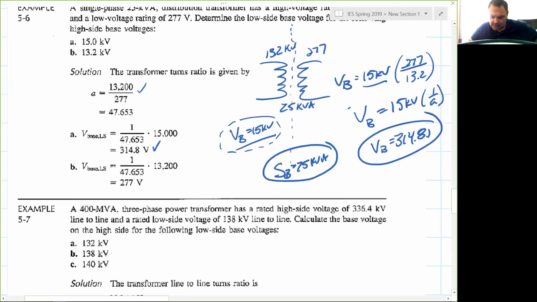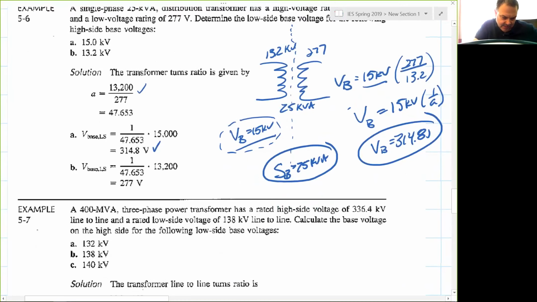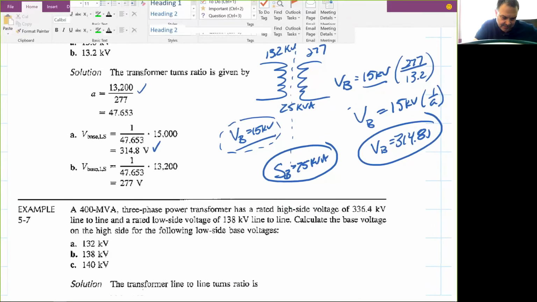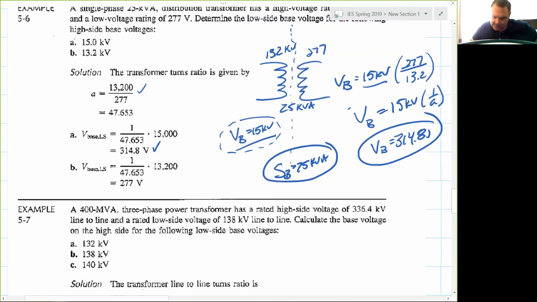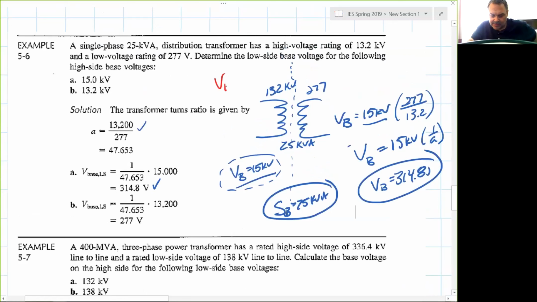And then they said, well, what if, let me do this in red then. What if we just let, which is the logical thing to do, V base equal 13.2 kV in B?